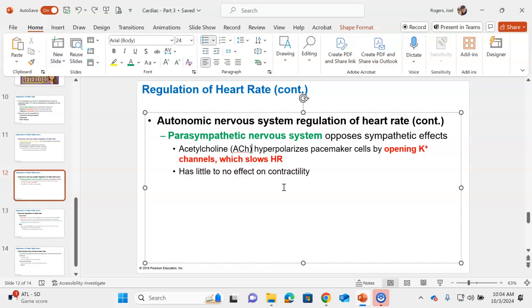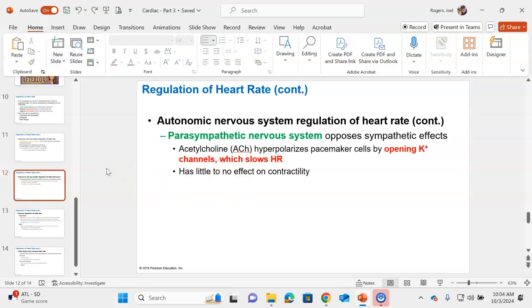And so again, information or impulses from the cardio-inhibitory center will slow down the heart rate. And also, any sort of drug or medication that would mimic parasympathetic stimulation will also slow down the heart rate.